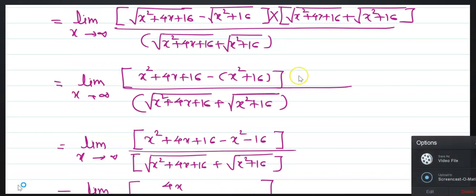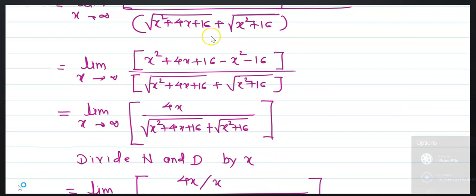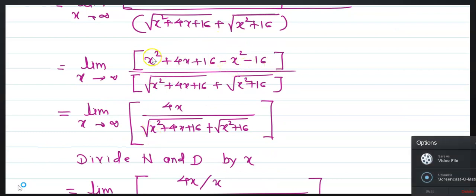Now, see this here. Open this bracket: x² + 4x + 16 − x² − 16. Now, here x² − x² and 16 − 16 get cancelled. And in the numerator, you will get 4x upon √(x² + 4x + 16) + √(x² + 16).